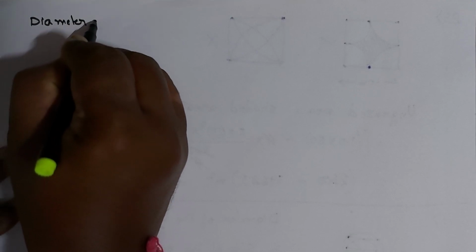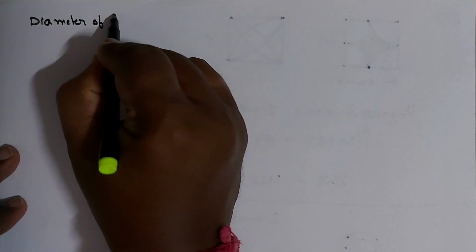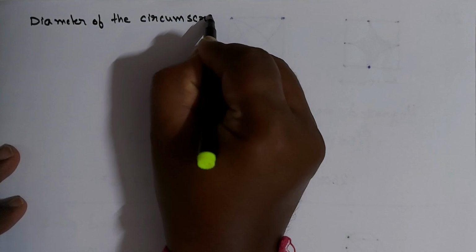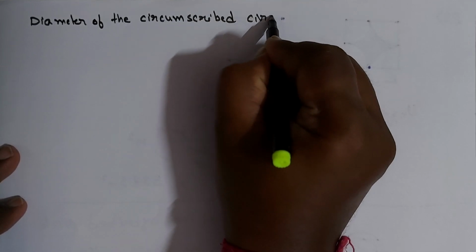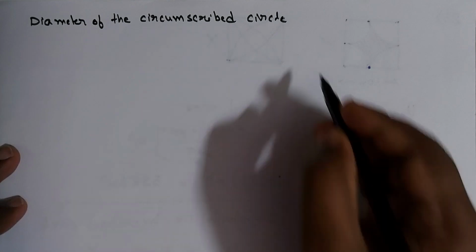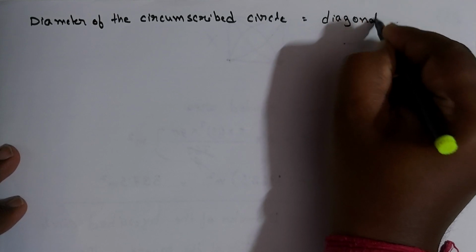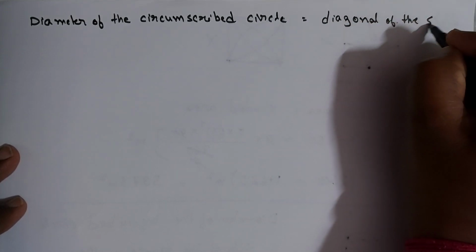Next we will determine the area of the circumscribed circle. While we were drawing the diagram, we came to know that the diameter of the circumscribed circle is equal to the diagonal of the square.